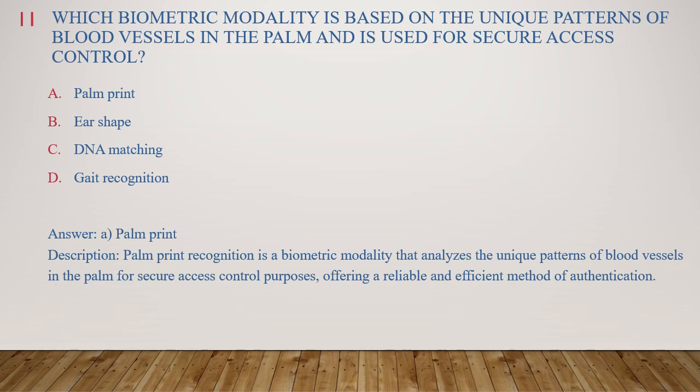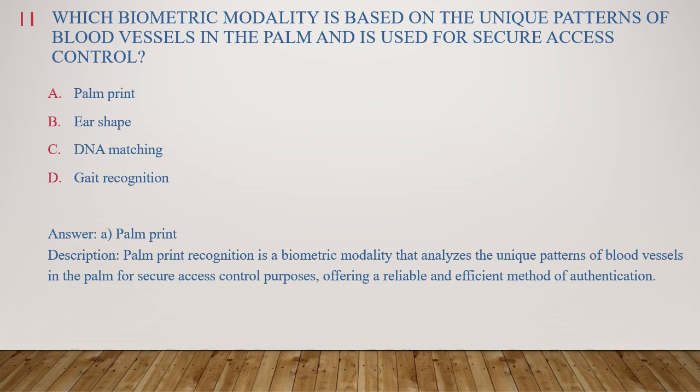Palm print recognition is a reliable biometric technology that captures an image of the palm's veins and lines, which are unique to each individual. This method is often favored for its accuracy and security in access control systems. Ear shape, B, DNA matching, C, and gait recognition, D, are also biometric modalities used for identification and authentication purposes, but they do not rely on the unique patterns of blood vessels in the palm.